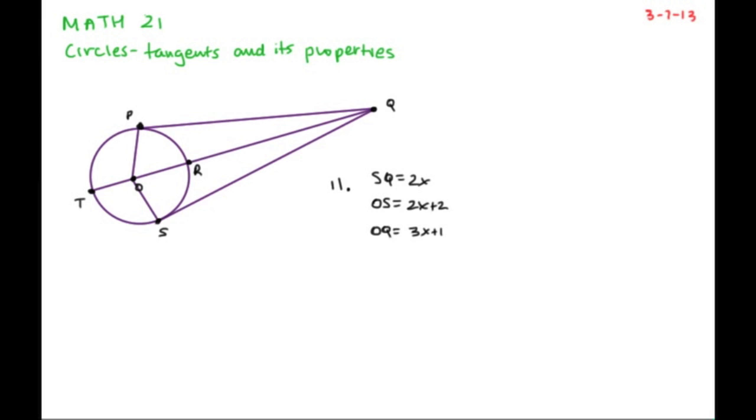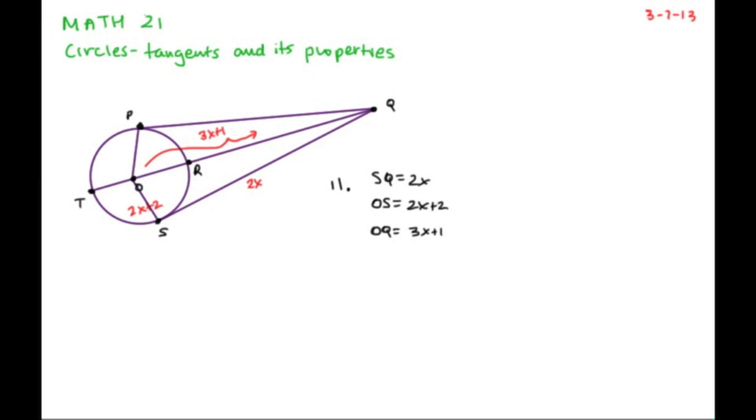So let's just label this for a second. SQ is 2x. I'm horrible at labeling. SQ is 2x. OS is 2x plus 2. And OQ, that entire thing leading all the way there, is 3x plus 1.